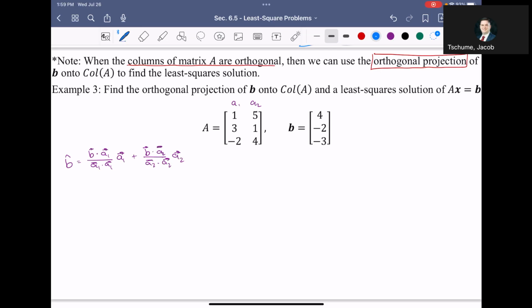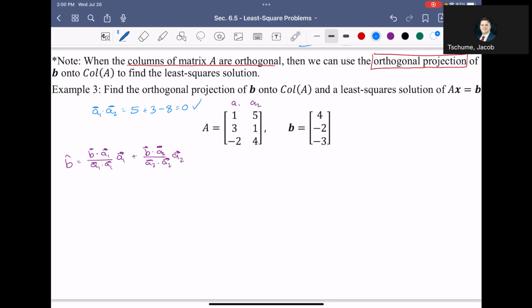Now remember, orthogonal projection, like it's set up here, is only done if the vectors are orthogonal to each other. So if you didn't check it already, if you dot A1 and A2, that is 5 plus 3 minus 8, which is 0. So we are allowed to do this.